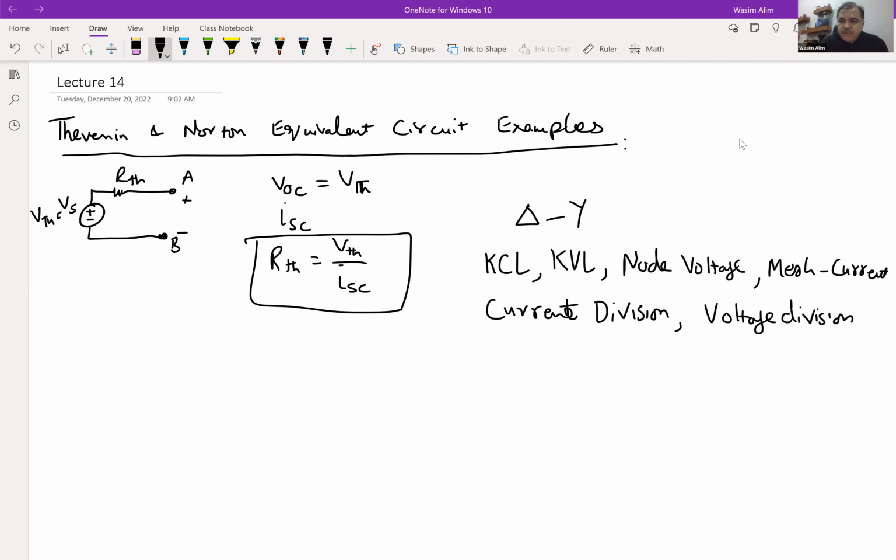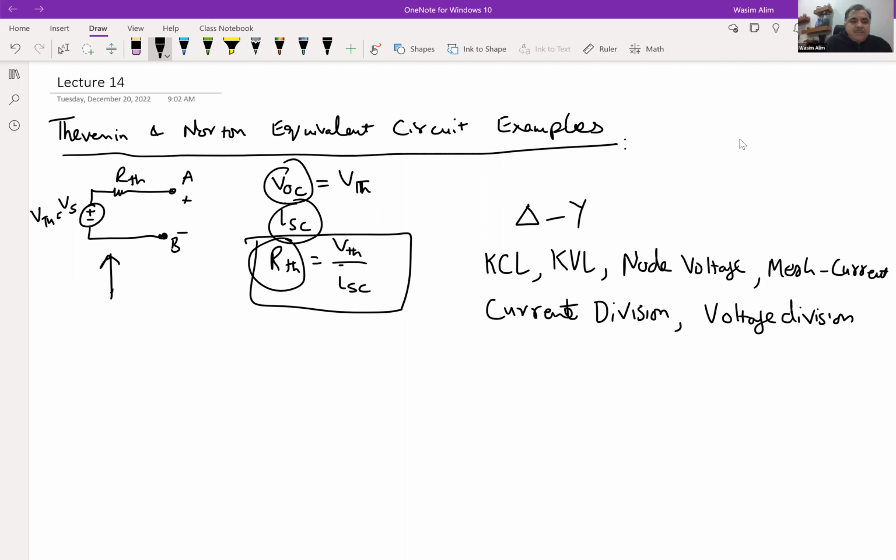So all these techniques that we have covered so far in this course will be applicable wherever possible. In addition to these, you can find open circuit voltage, short circuit current, and R Thevenin by turning off, as I mentioned, the voltage sources and the current sources. So all these techniques are available to you. But the bottom line is you need to bring the circuit to this form, which is of course a simplified representation of a complex circuit.